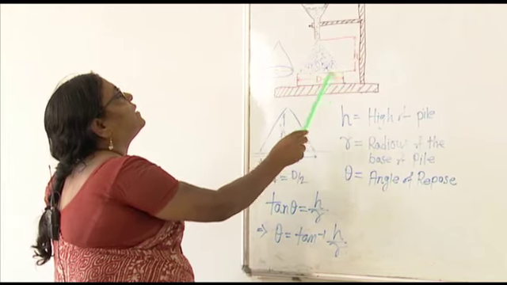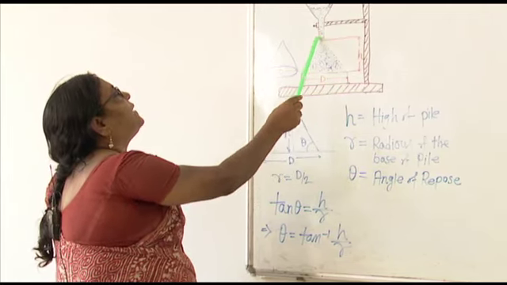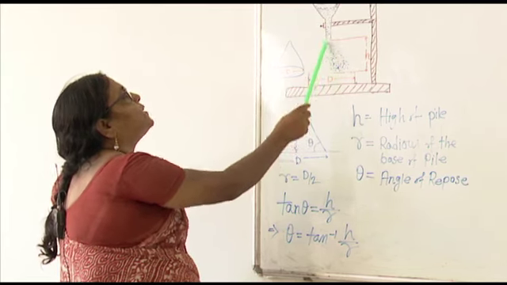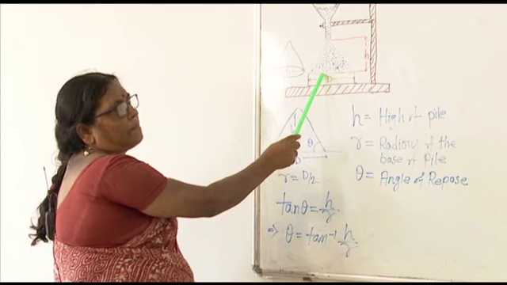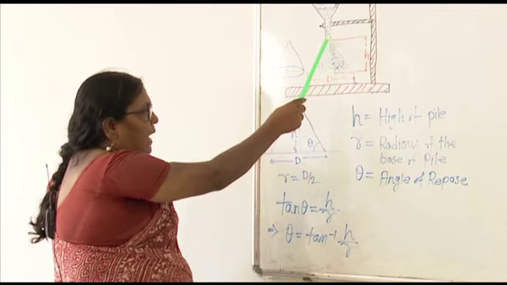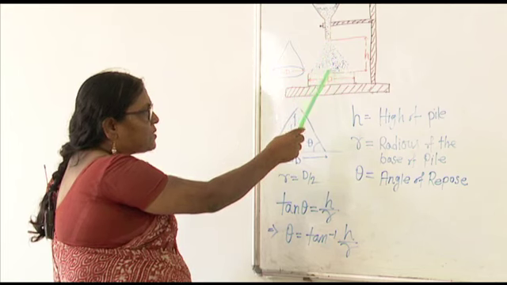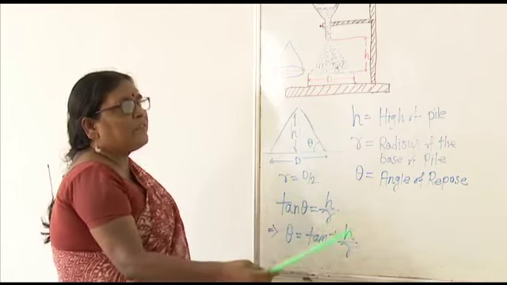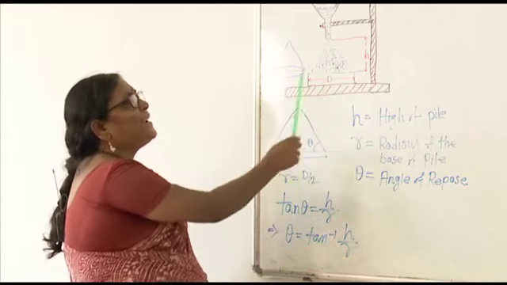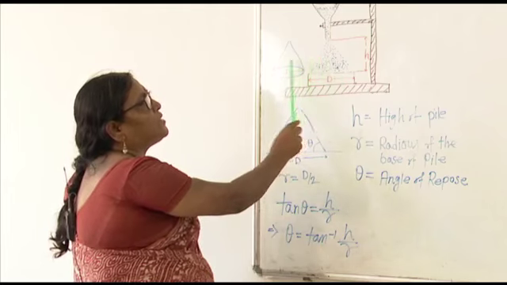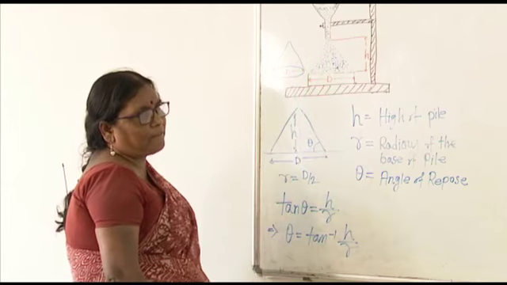This is the ground. When particles are coming from this point to this point, there is some open space between them. When particles fall, drawn by the gravity towards the base, there should not be any interference. But air is everywhere. If you have strong airflow, the fine particles will keep floating in the air.